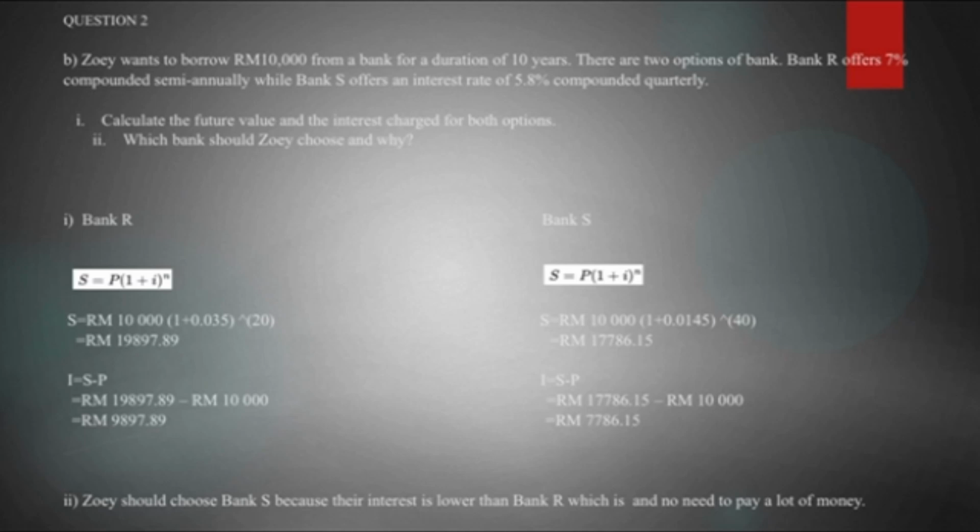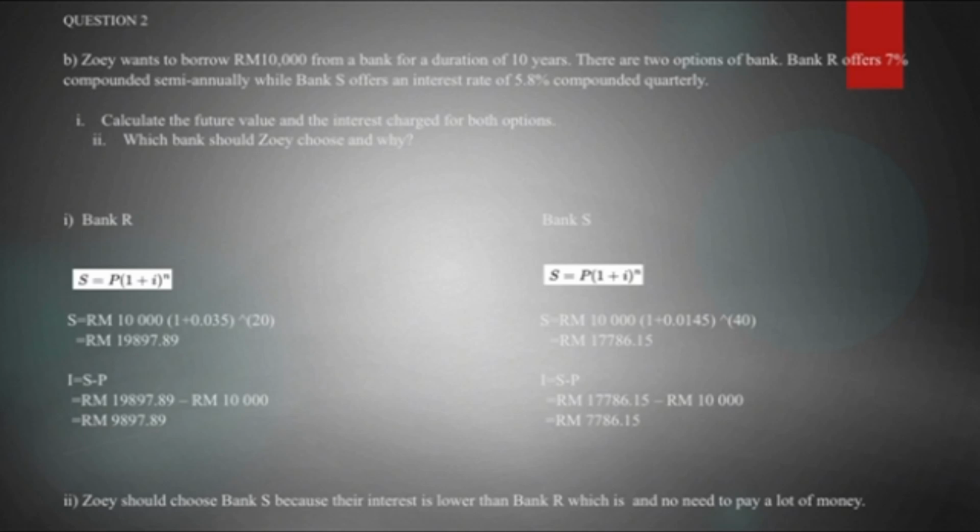For the question, first I use the formula S equals P (1 + i)^n. So we write S equals 10,000 (1 + 0.035)^20. The answer is 19,897.89.